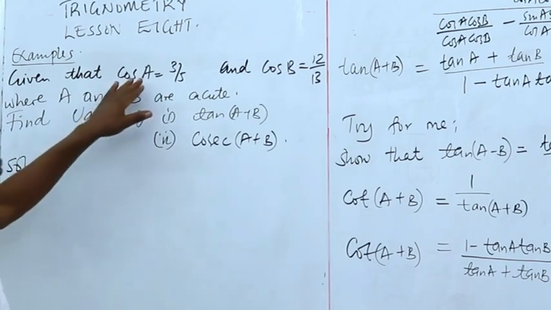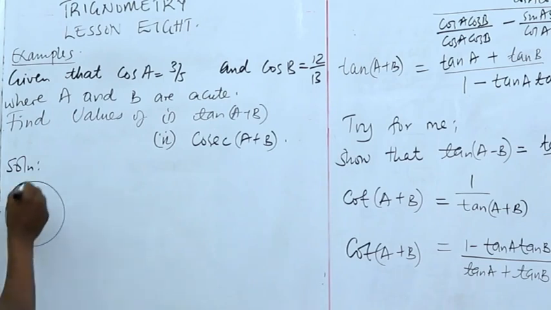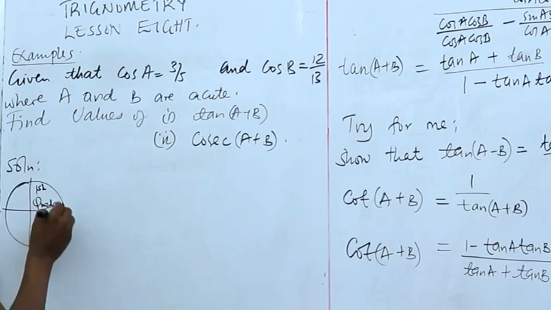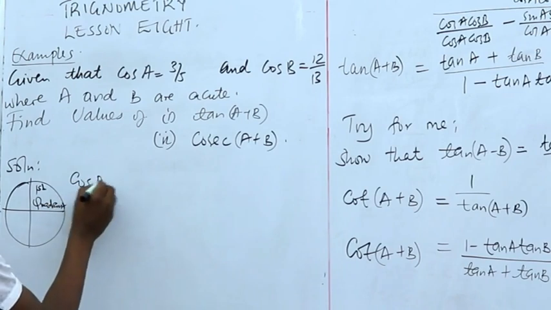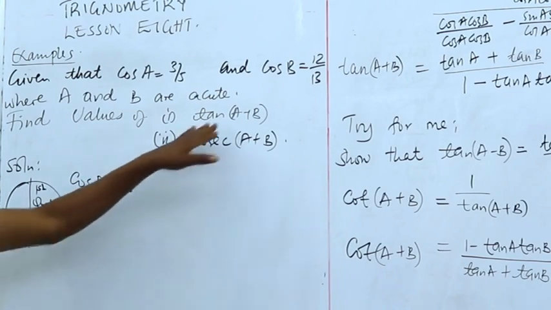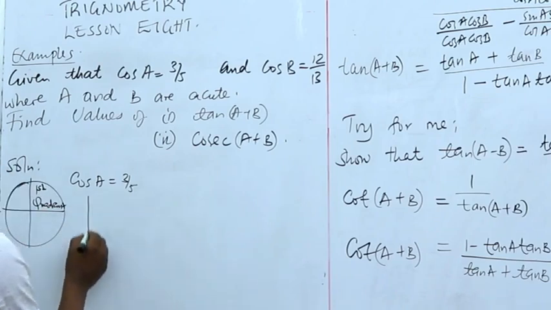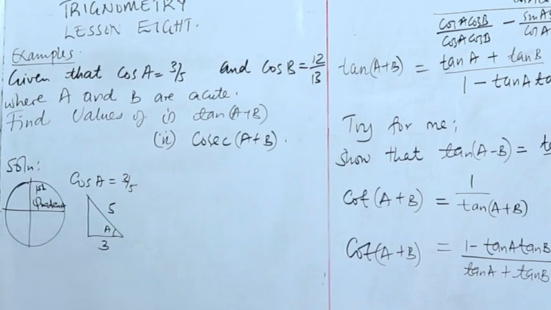Now, they have given us cos of A. Remember, they are saying A and B are acute. What that means is they lie in the first quadrant. If cos A is 3 over 5, and they are talking of a tan, I can draw a right triangle. This is my A. Adjacent is 3, the hypotenuse is 5.